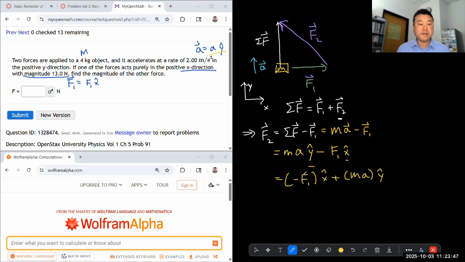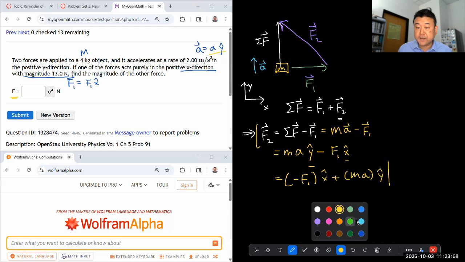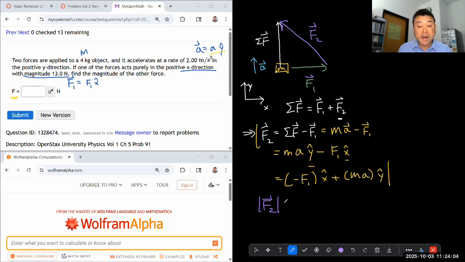That's it. And for the purpose of the answer that they are looking for, I need the absolute value, the magnitude of this. I can do that in Wolfram Alpha. The formula I'll be using is the same one as the last time: the magnitude of F2 is the square root of F2 x component squared plus F2 y component squared. So let's do that.